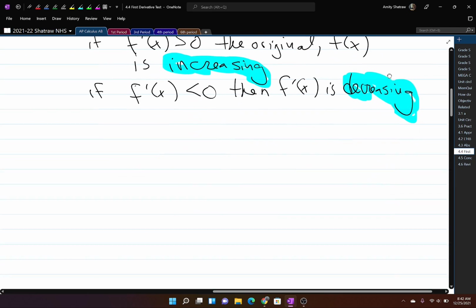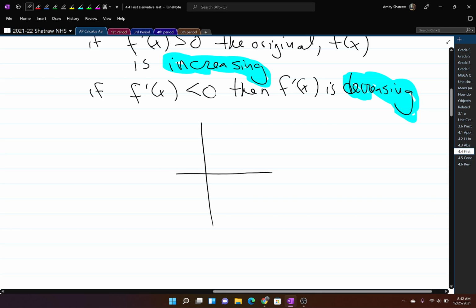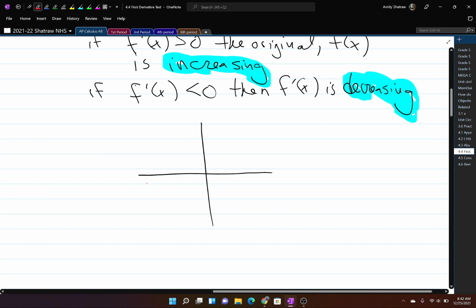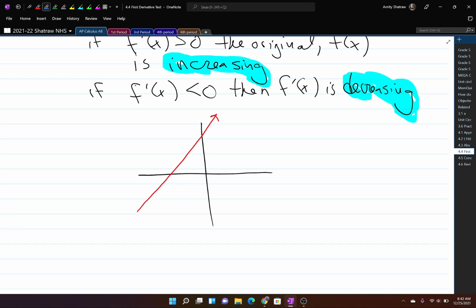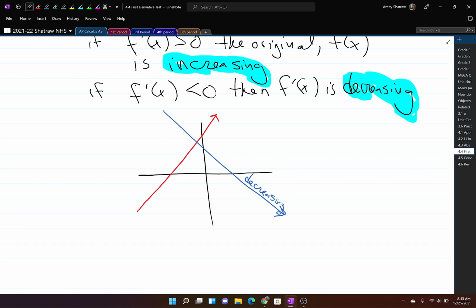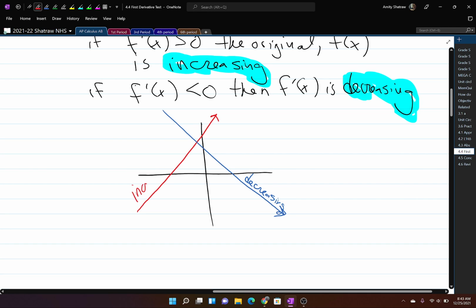So let's do another little graph right here. And I say that this is what things look like when they are getting bigger, and this is what things look like when they are getting smaller. So decreasing and increasing look like this.